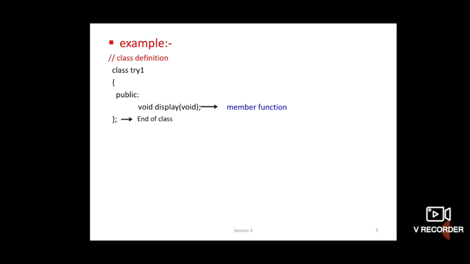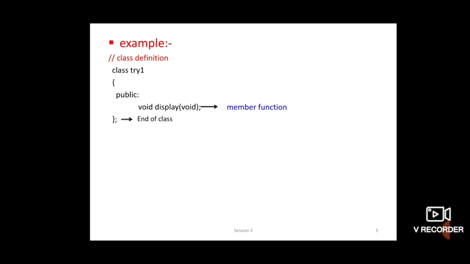Now see, this display function is just declared here, not defined. Student, one more thing to remember: if you have to write a member function outside the class definition, at that time first you have to declare the member function in the class.